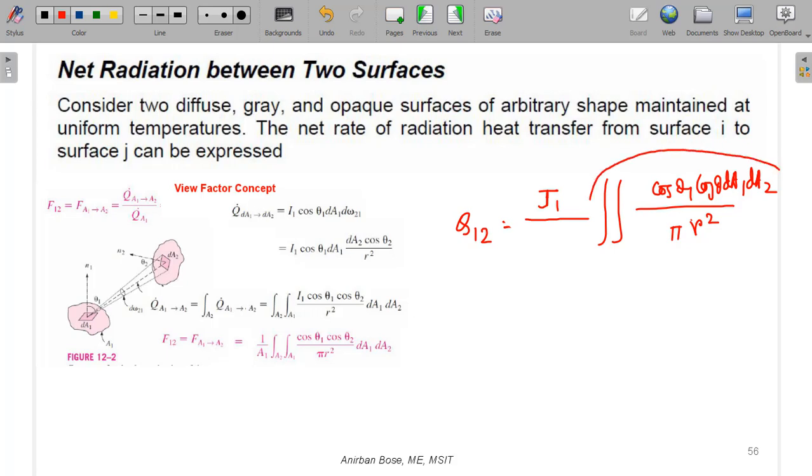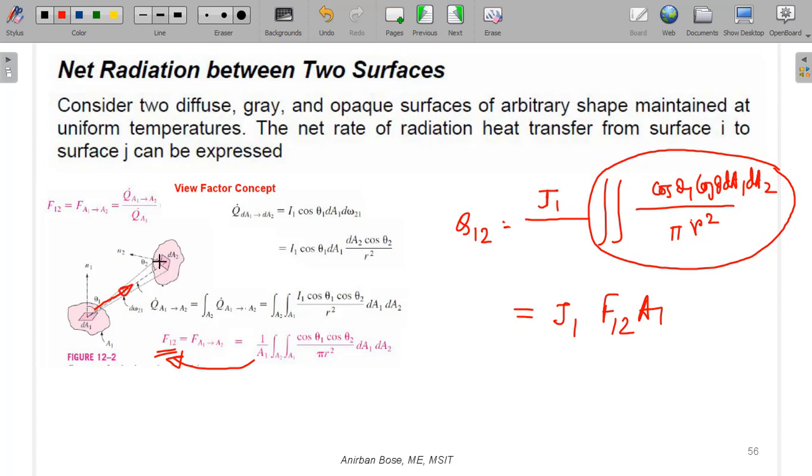You see that F12 into A1 is basically this integral. So q12 becomes J1 into F12 into A1. This is how much radiation will come out of 1 and strike 2.